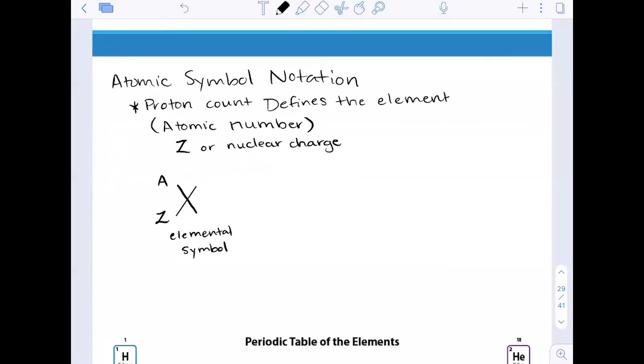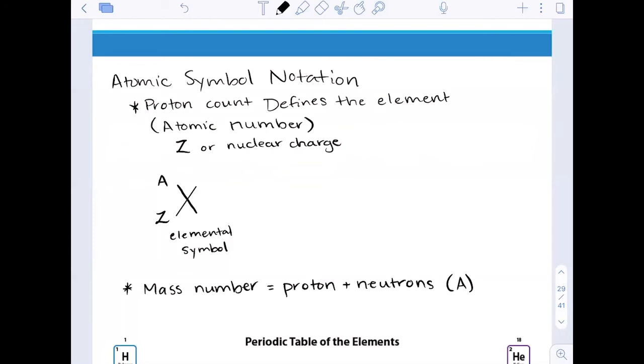We can also write at the top left-hand corner A. So another definition we have here is the actual mass number, which is actually defined as the protons plus the neutrons. What is the mass of the atom that we are looking at? Right, so Z is our number of protons, A is our mass number, the protons and the neutrons.